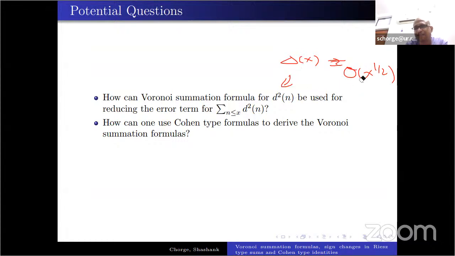The error term for d square is big O of x raised to half, and it is also known that this is Omega of x raised to 1.